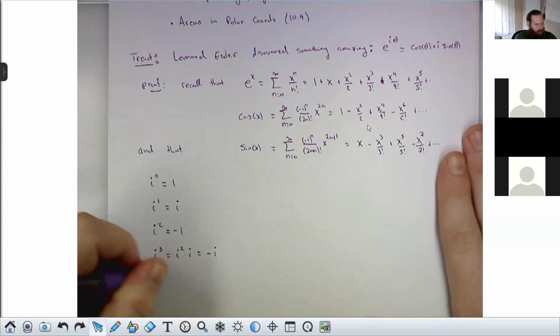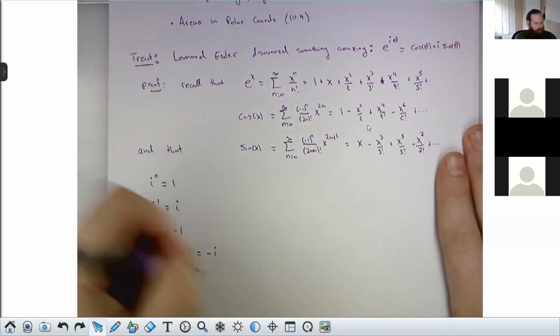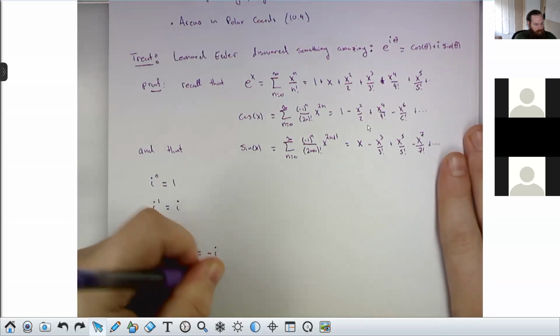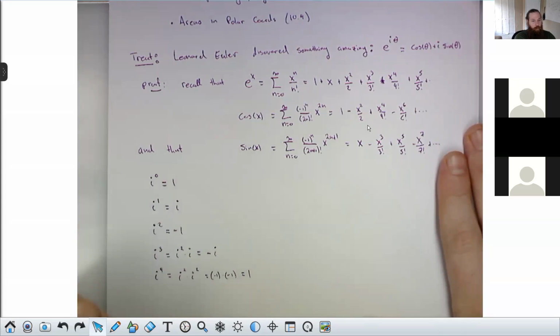And i to the 4 is i squared times i squared, which is negative 1 times negative 1, which is positive 1.